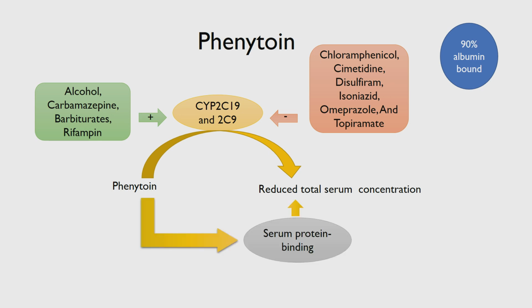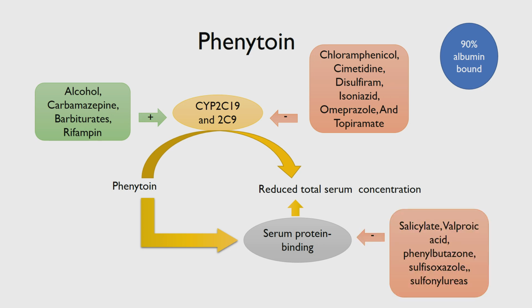And because phenytoin is excessively protein bound, those drugs which can displace phenytoin from the protein binding state will also lead to an apparent decrease in the total drug level, but here the free drug level would be normal or increased.